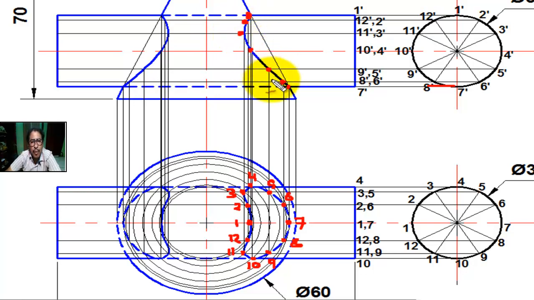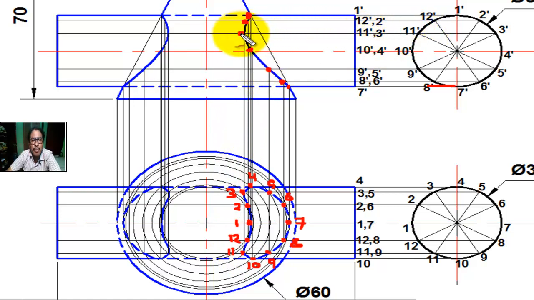This is the front side. Also in this way, back side. From 8, we draw also this point. From 9, we draw same point. From 10, we draw same intersection point.